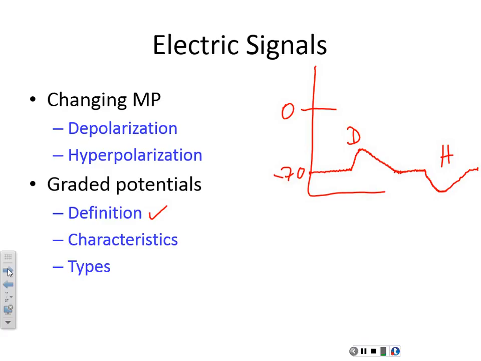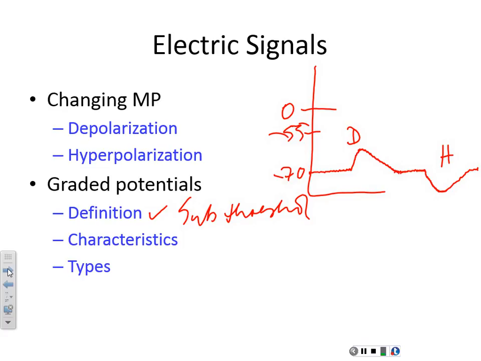Sub-threshold membrane potentials, okay? Because if it reaches threshold, what happens? Action potential happens. So anything that is sub-threshold is a gradient potential. Because if, let's say, threshold is minus 55, and it goes up to minus 60, still nothing happens.